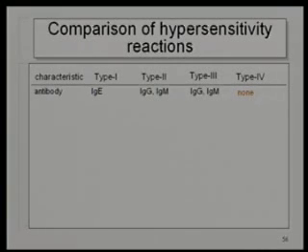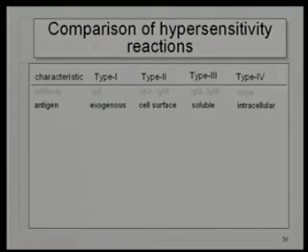And type 4, no role for antibody. That's a very, very important, crucial take-home message. Type 4, remember, the name itself tells you that it is cell-mediated. Type 4 has no role for antibodies.